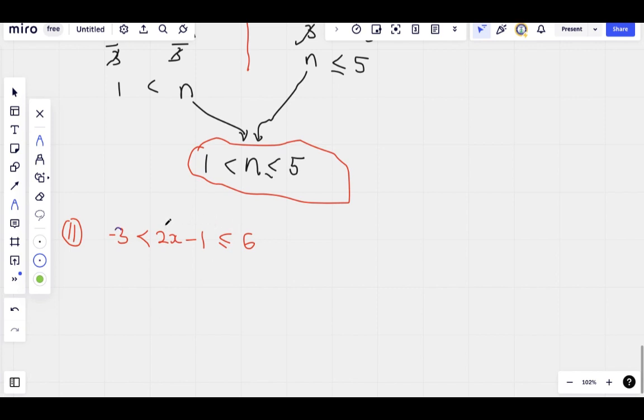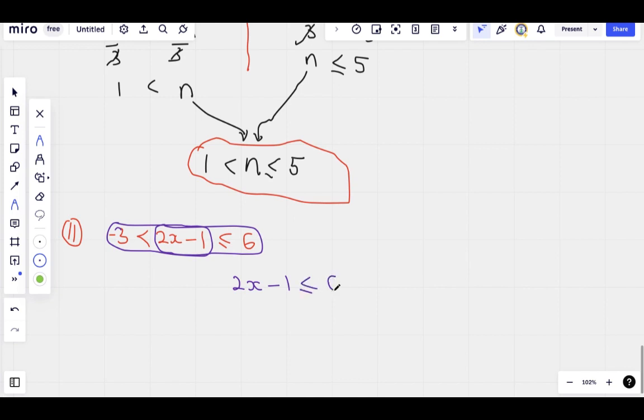So like I said before, I can break this one into two inequalities. Break it from here, up to this place. So I can have two inequalities. I split them, write them out separately and solve them separately, then join them together in the end. So I have 2x minus 1 is less than or equal to 6.